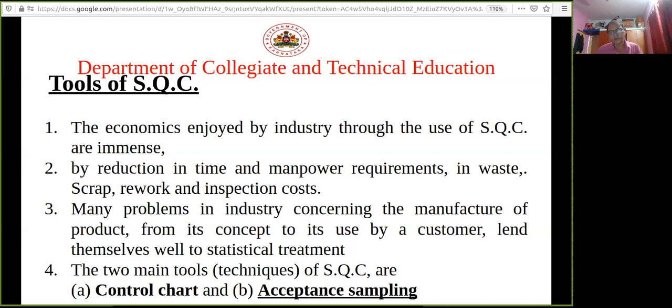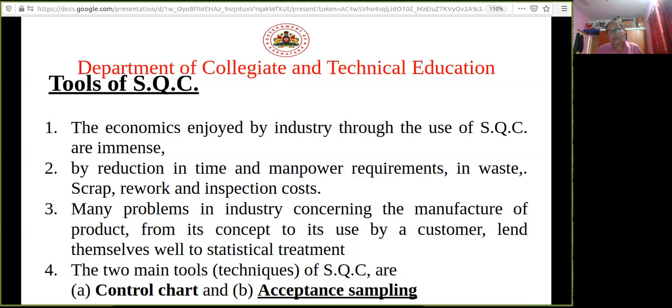So that process will be continued. When manufacturing starts, the inspector will select say 5 items, and out of those 5, if 3 or more items are good, then the customer is going to accept the lot.